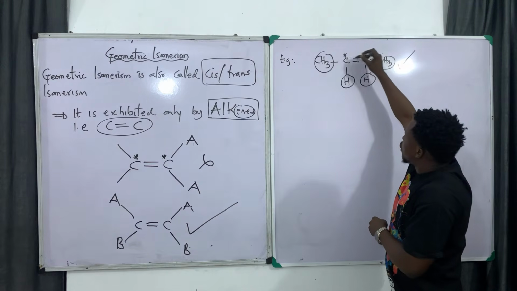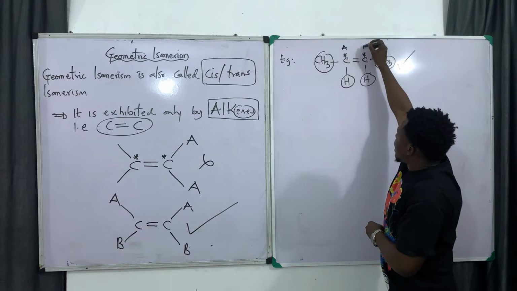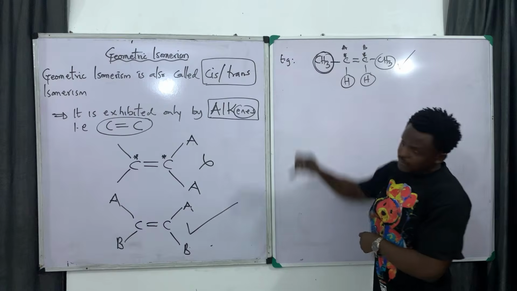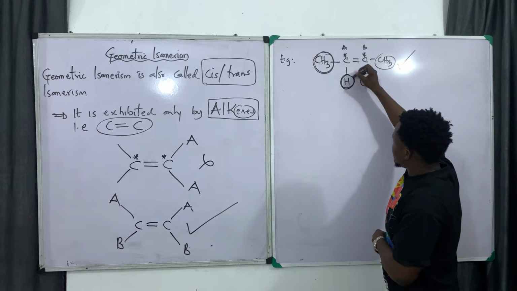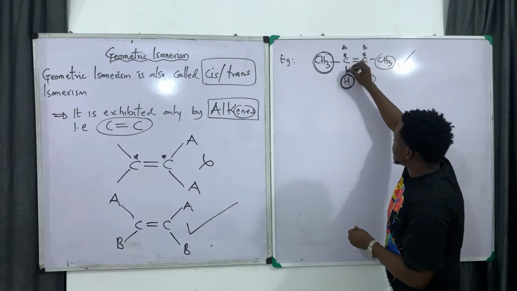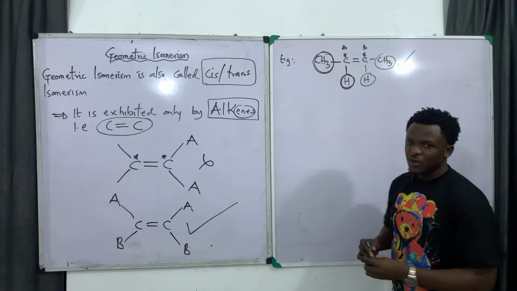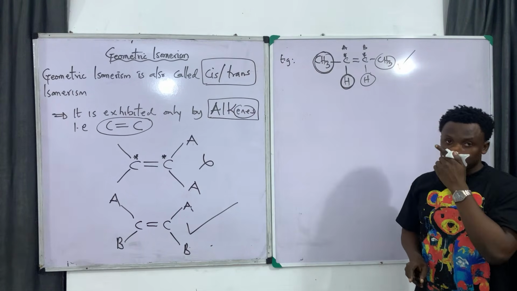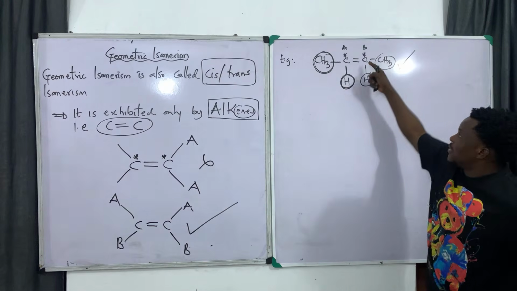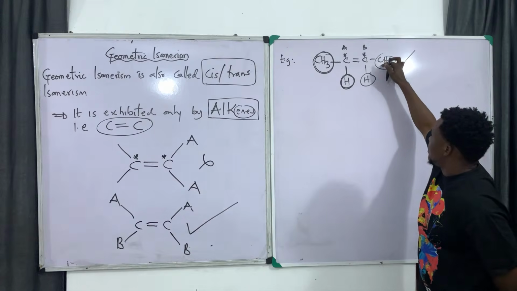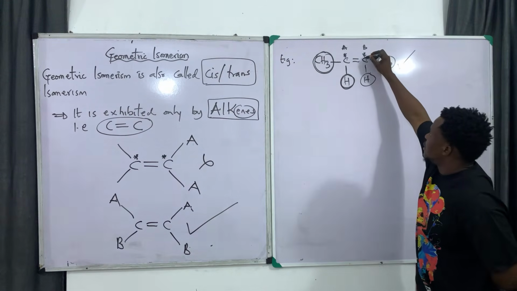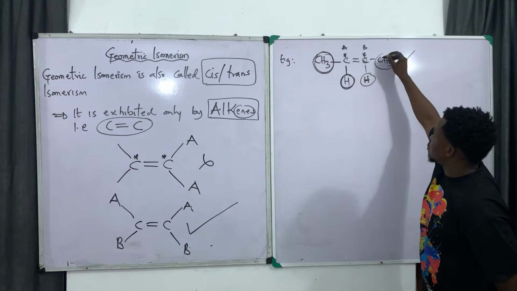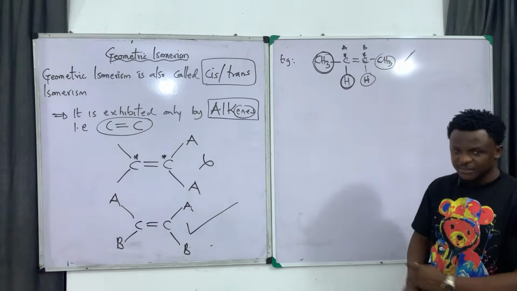Let's call these carbon A and carbon B. Carbon A has this as a substituent, which is not the same as the second one. The two substituents on this carbon are this and this, and they are not the same: this is CH3 and this is H. If you look at the other carbon, we have CH3 and we have H, the same thing. This carbon is attached to this and to this. So this compound exhibits geometric isomerism.